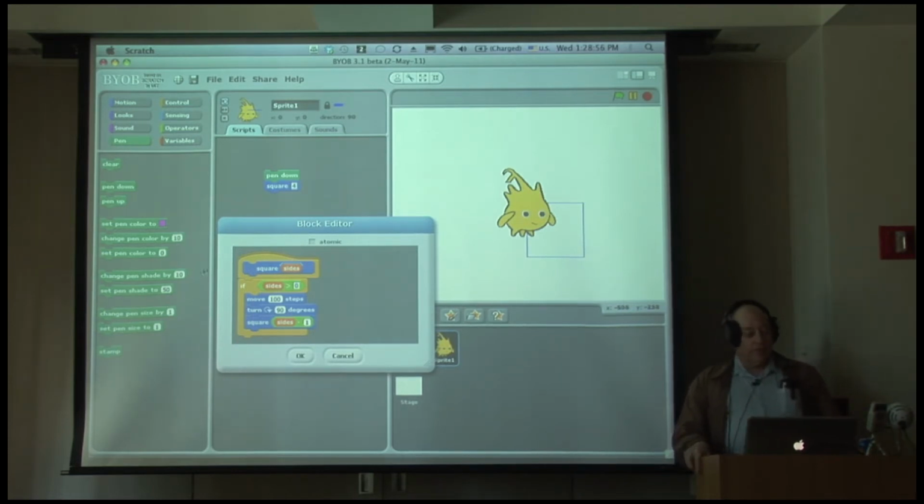So when you're running a recursive procedure, some particular little person, Sam, is doing it for you. And then Sam comes down here where it says square sides minus 1. Sam's sides is 4. So Sam hires Melissa, who's a minus person, to do sides minus 1 and get 3. And then Sam hires Sally, who's a different square person, to do square of 3. That's what's really happening in the computer.